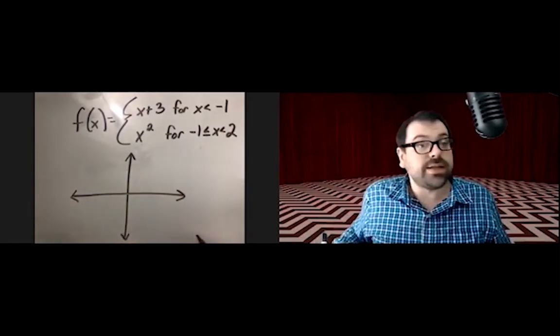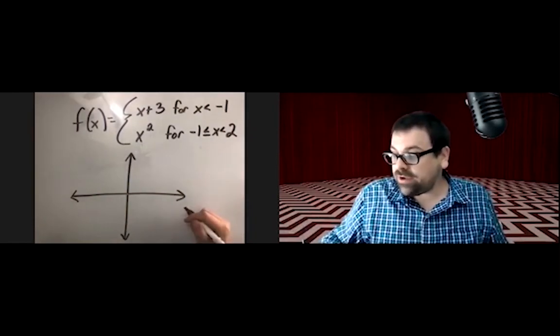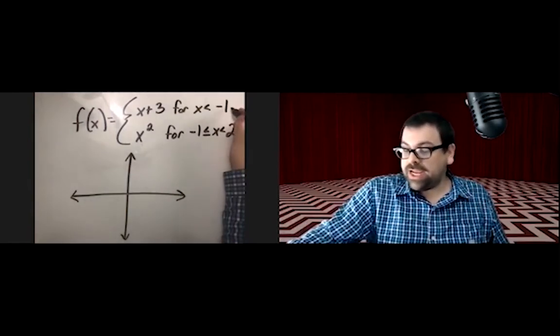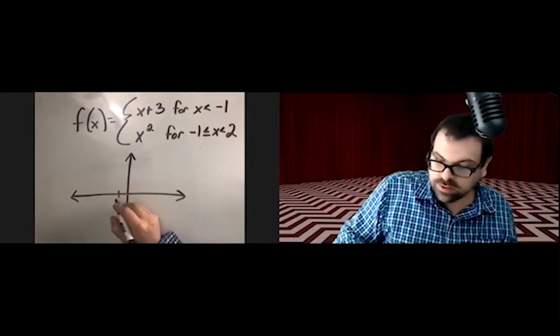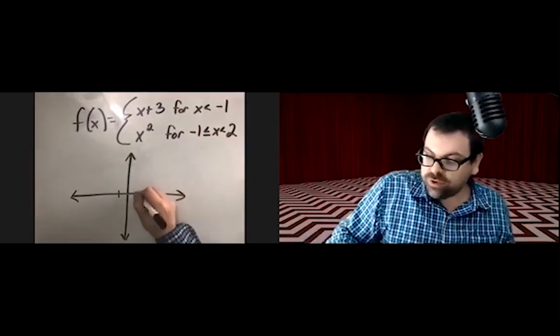Okay, where are we splitting? Where are we splitting our x values? -1, +2.